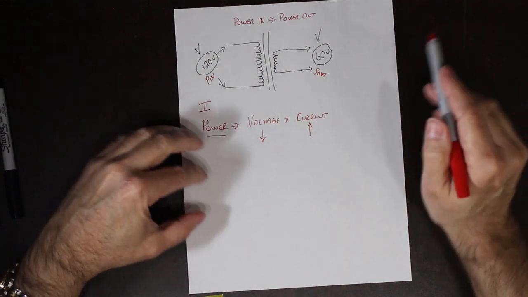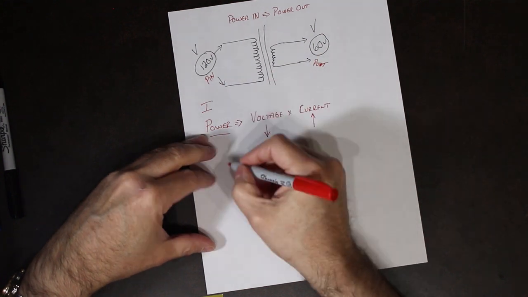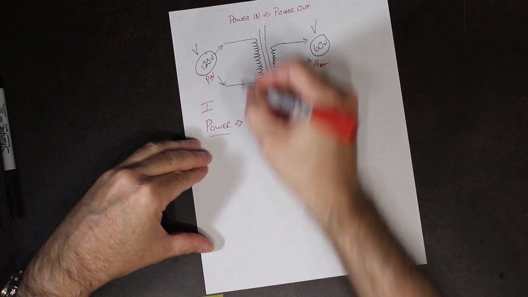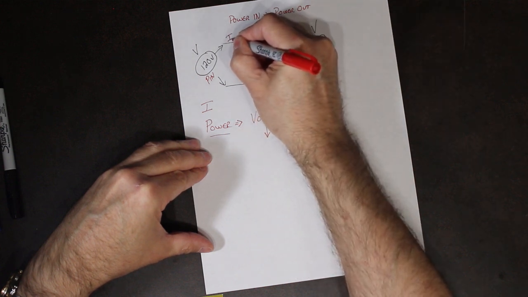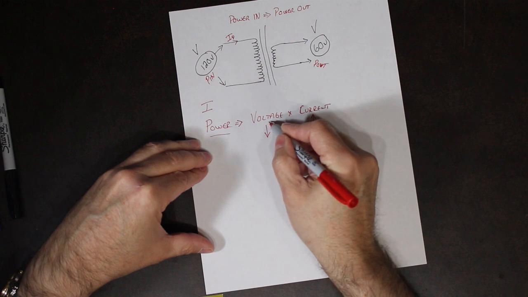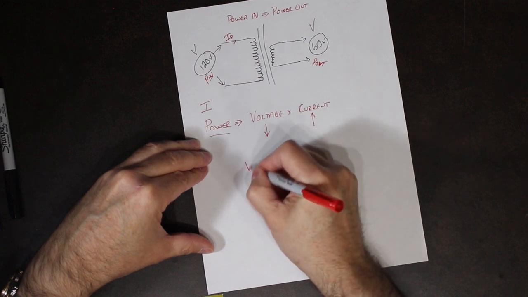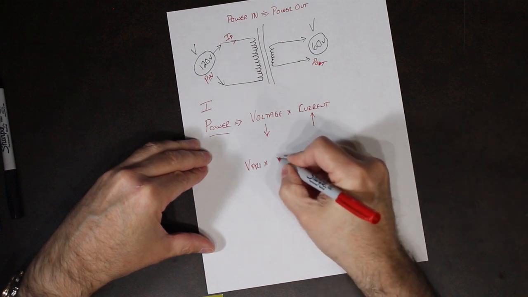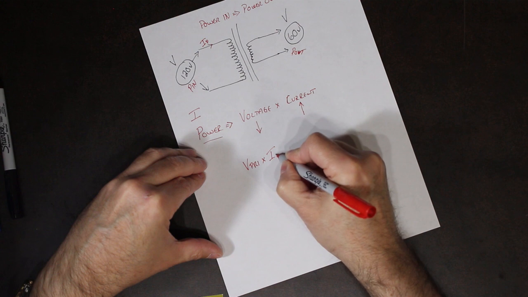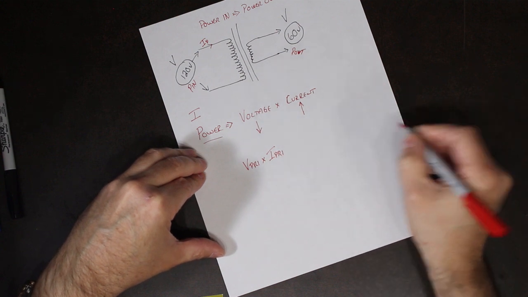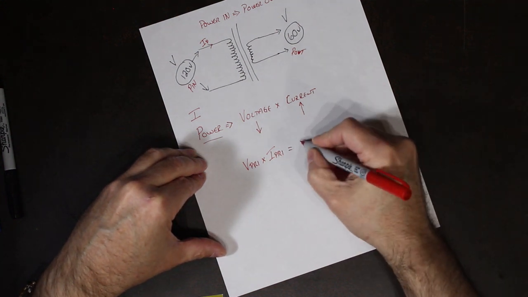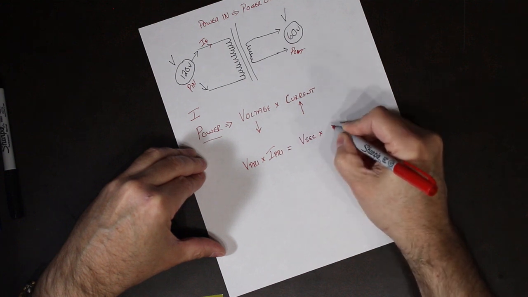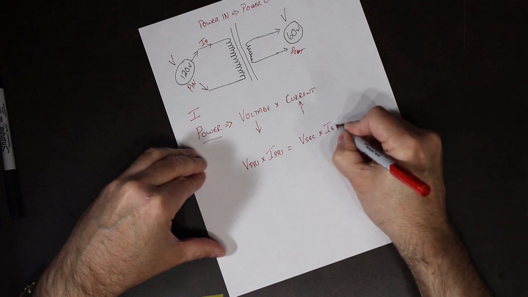Just as an example, the voltage on the primary side times the current on the primary side must equal the voltage on the secondary times the current on the secondary.